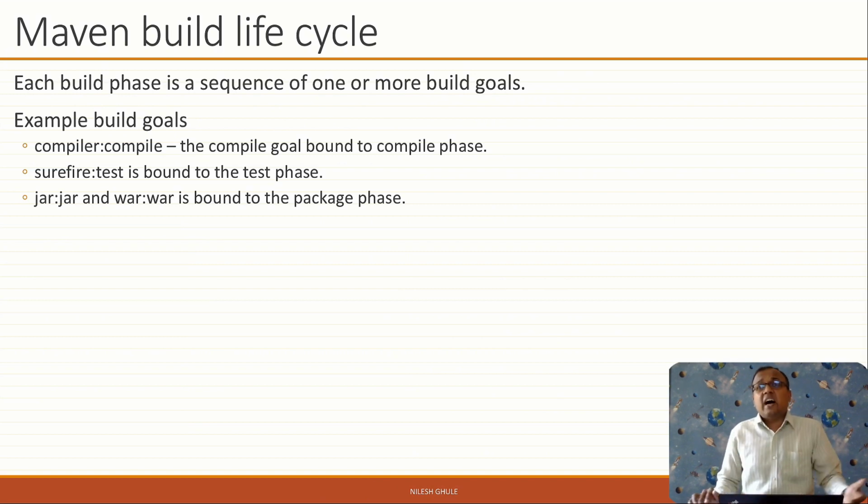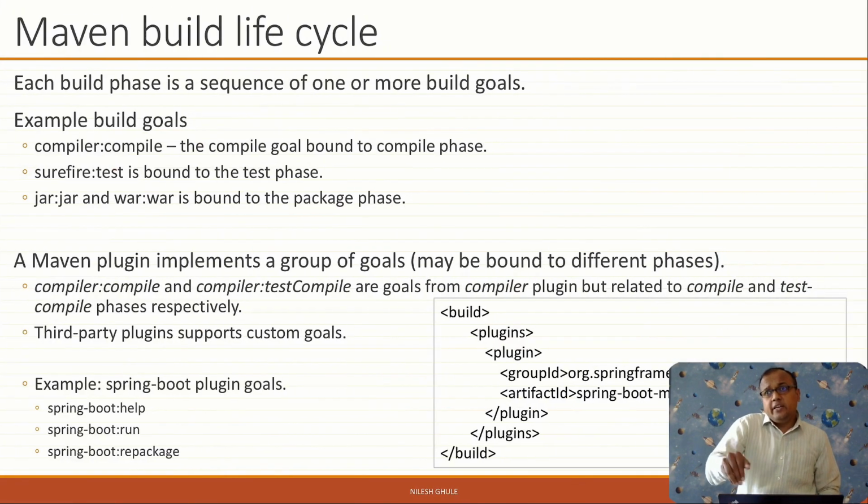These goals are implemented in something called a Maven plugin. The Maven plugin implements one or more goals, one or more actions, and most importantly, not all goals need to be from the same phase.